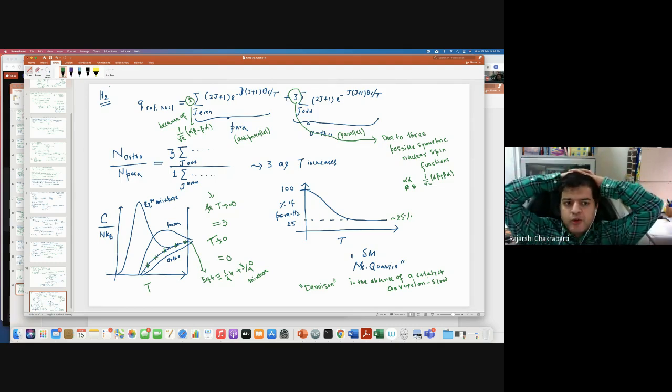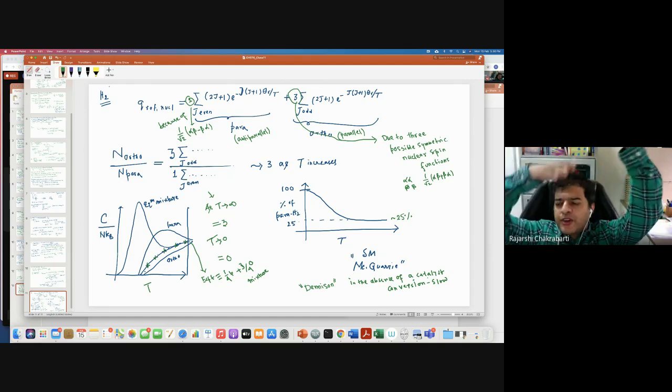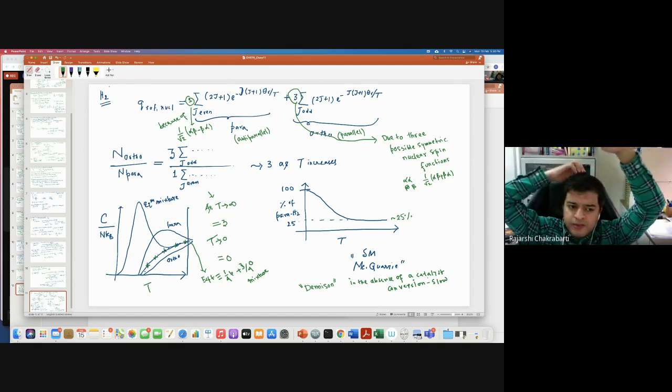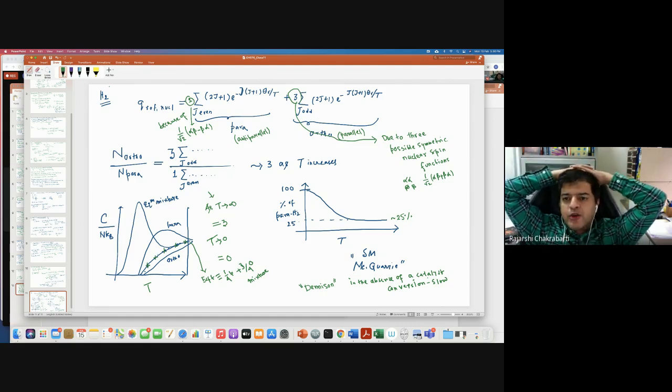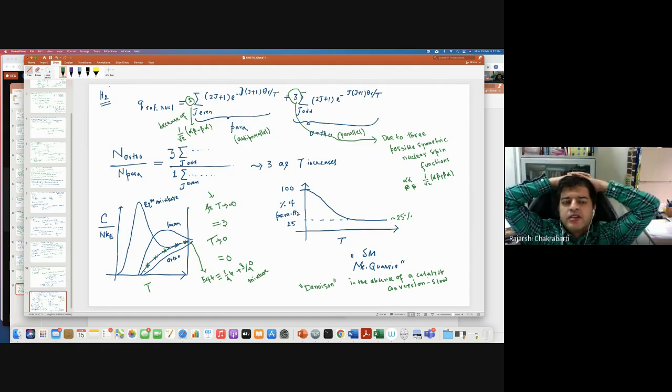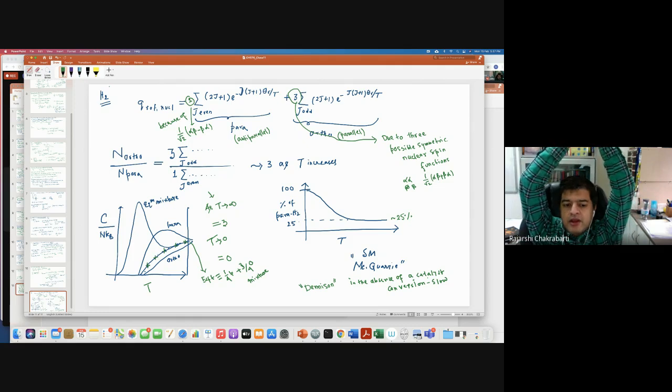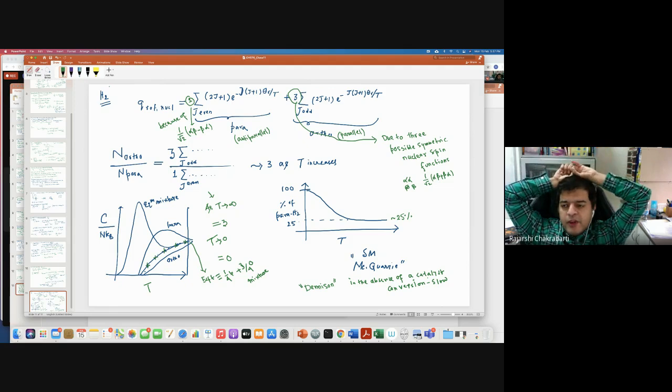You expect that as you cool it down, there will be conversion between ortho and para, so at each temperature you should get the equilibrium mixture for that given temperature. It is 75-25 between ortho and para only when the temperature is high. When the temperature is low, it should be very small.